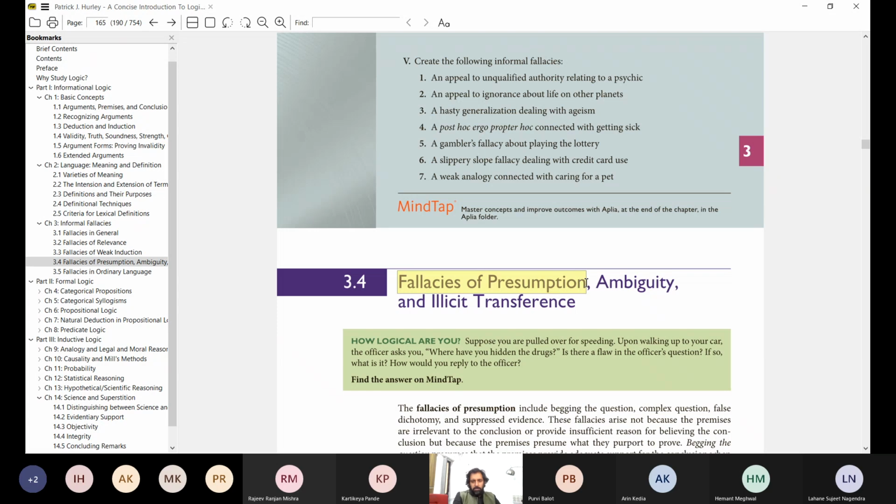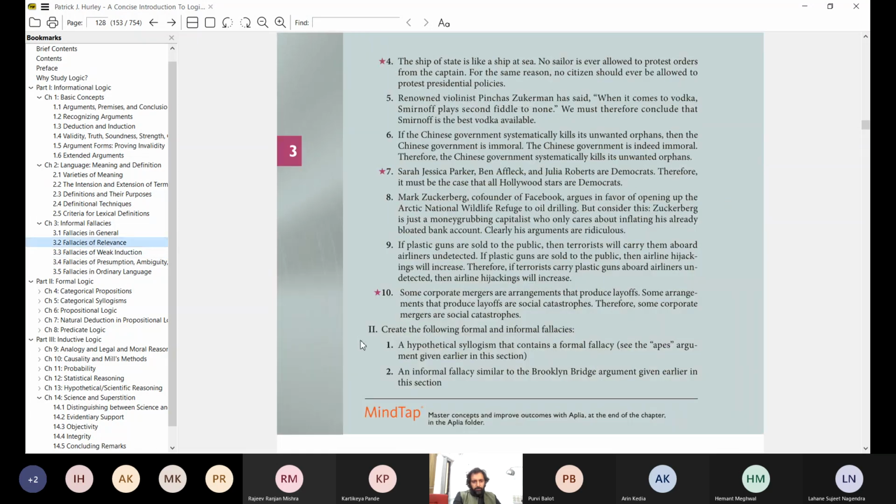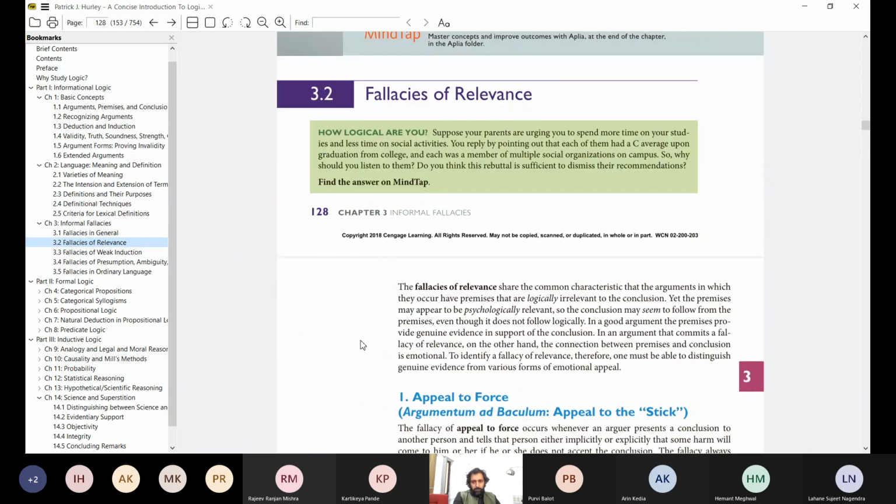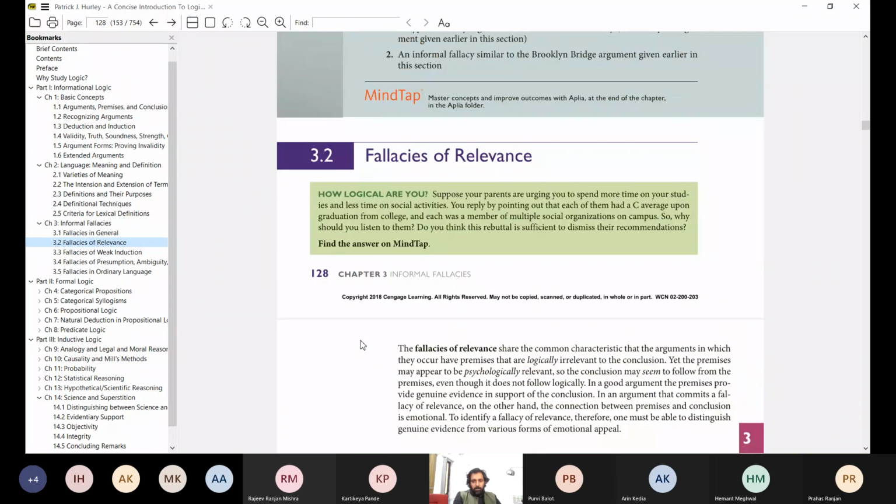Those are the fallacies of interest to us. The fallacies of relevance are the things we're going to talk about today.